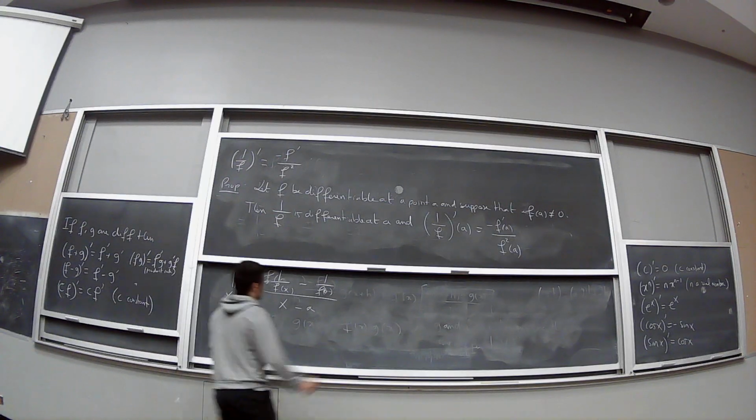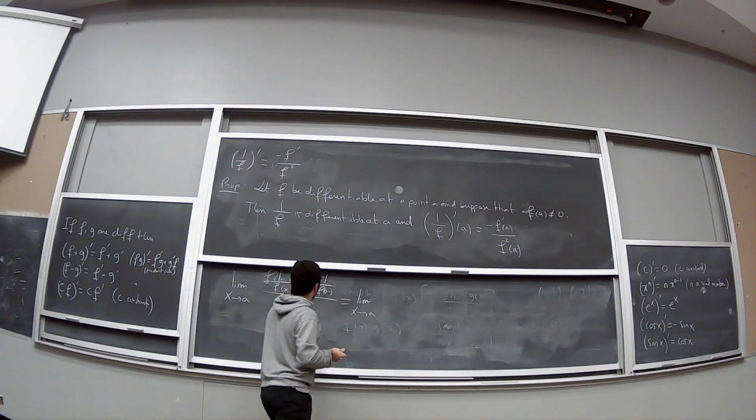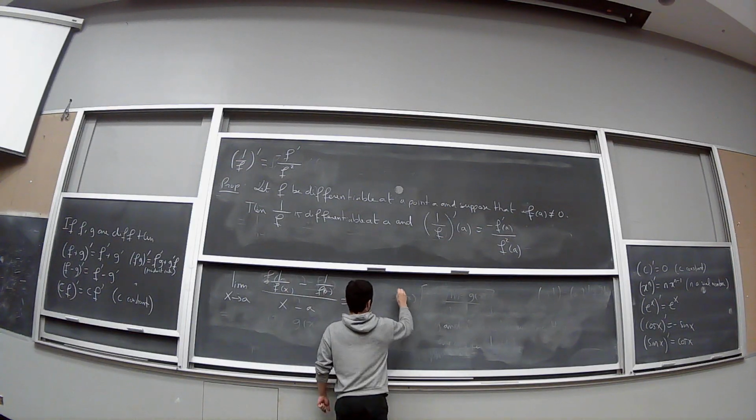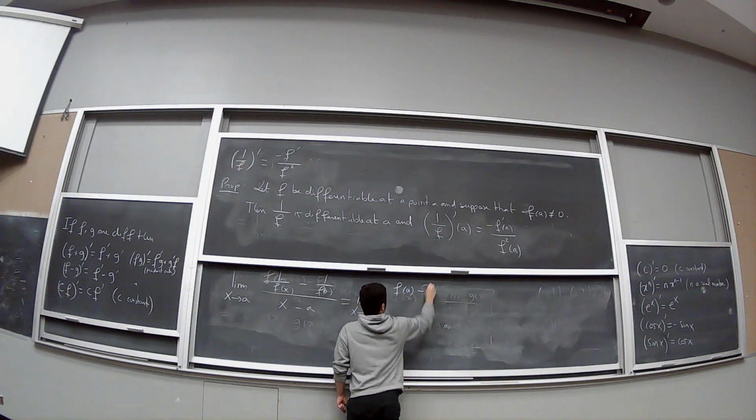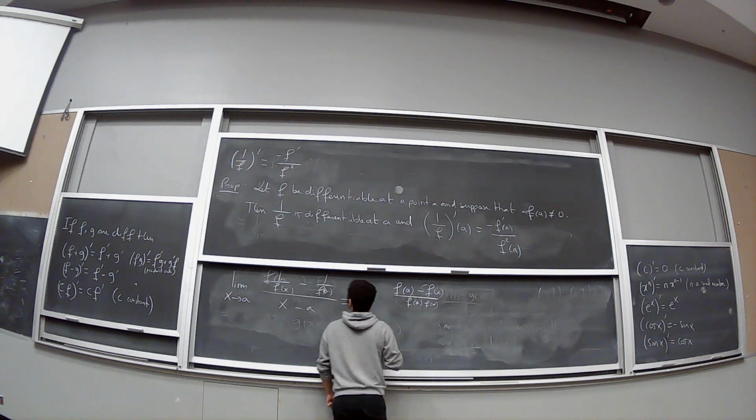Great. I plug in the top, I get 0 over 0, so I have to rearrange the top. That's not bad. Let me do it quickly. I just rewrite everything under a common denominator. f of A, f of x.